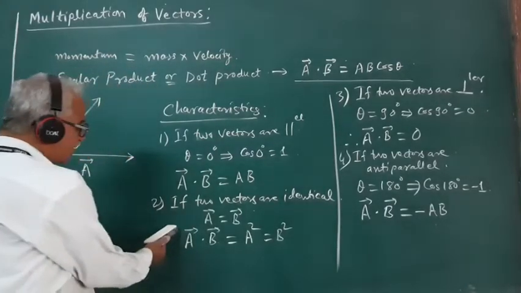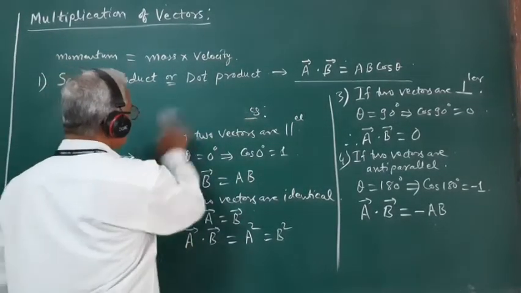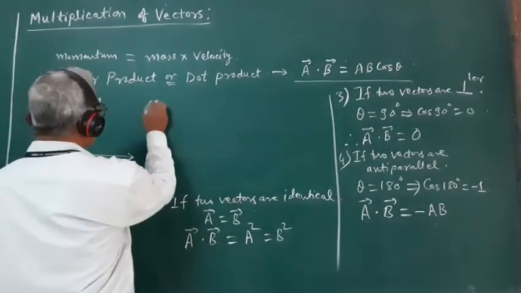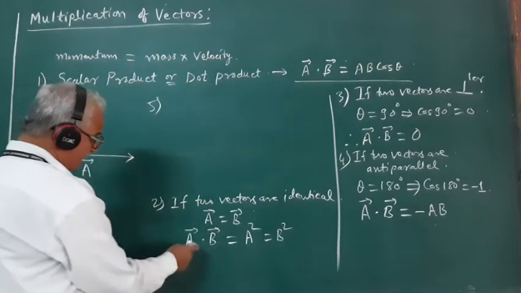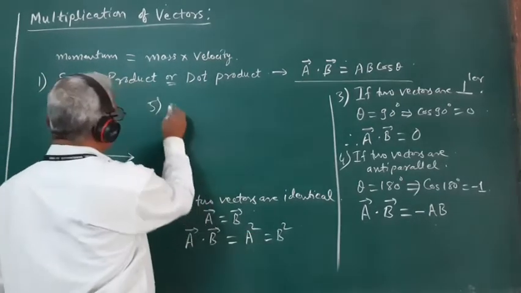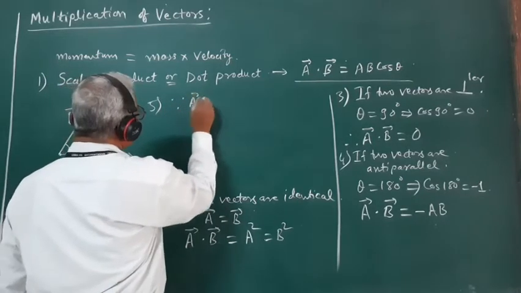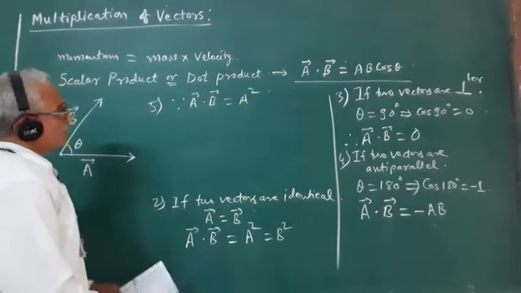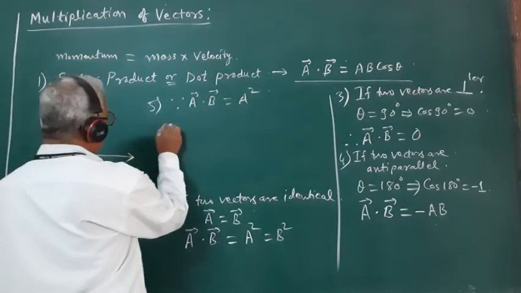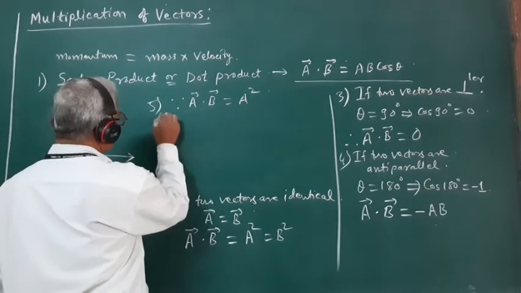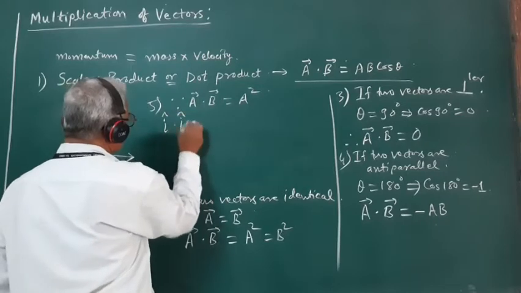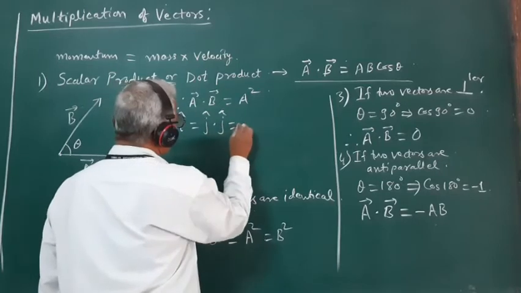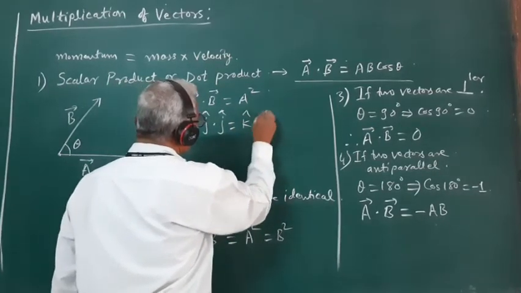From this second characteristic, what we observe is that since a bar dot b bar is equal to a square, we can say that the dot product of the unit vectors i cap dot i cap is the same as j cap dot j cap, the same as k cap dot k cap.